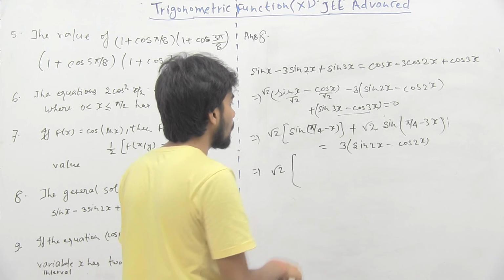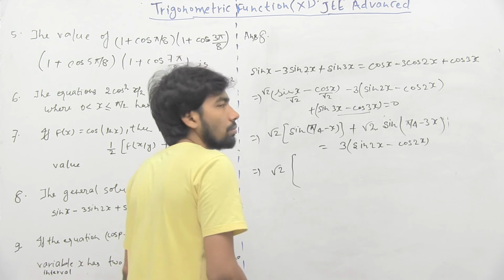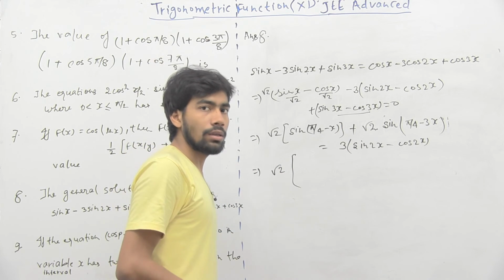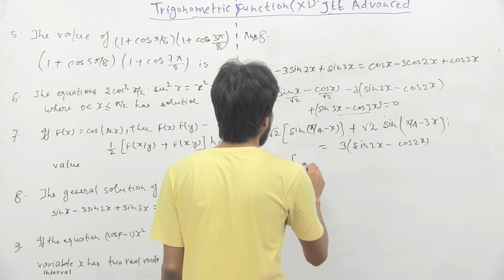Now this is in the form of sine A plus sine B. So we can write it as 2 into sine ((A plus B) by 2) into cos ((A minus B) by 2).